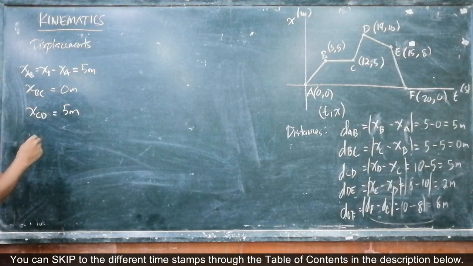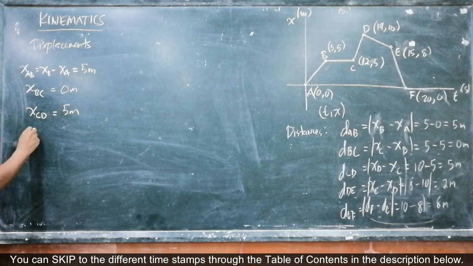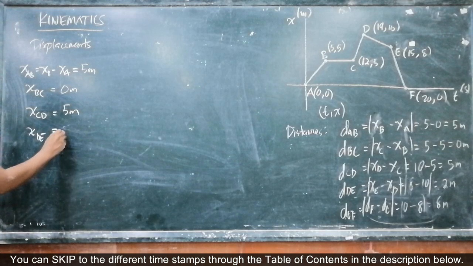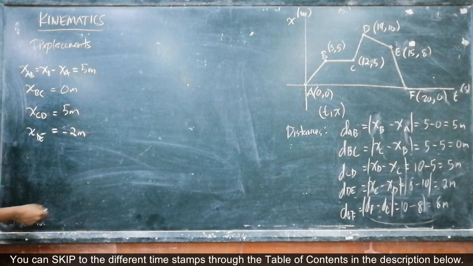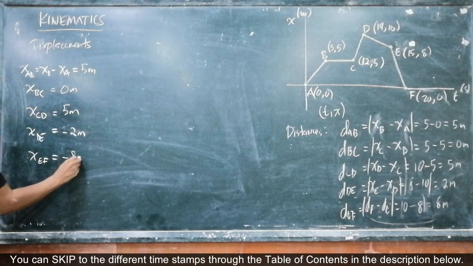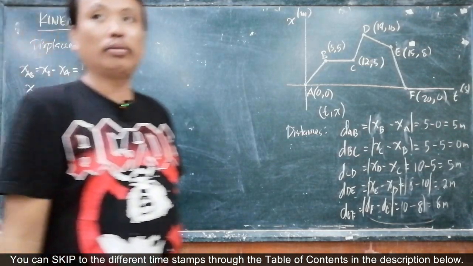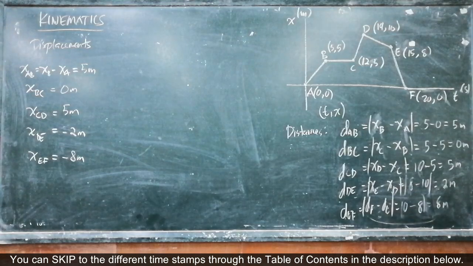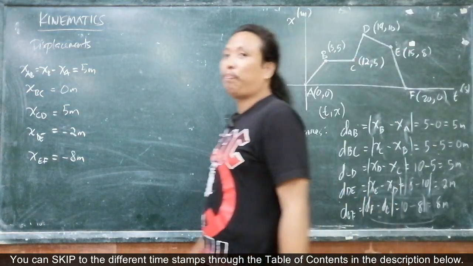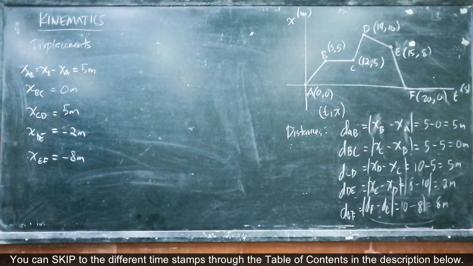Now the displacement XDE would be what? Negative 2 meters. And XEF would be negative 8 meters. No? From here, we can calculate speeds and velocities.